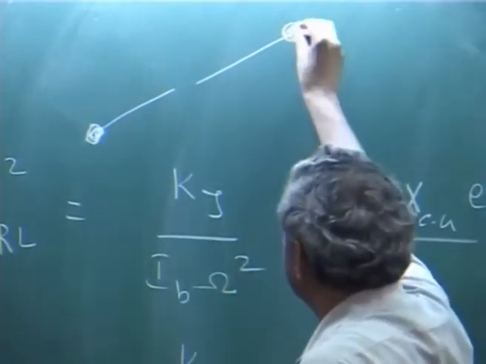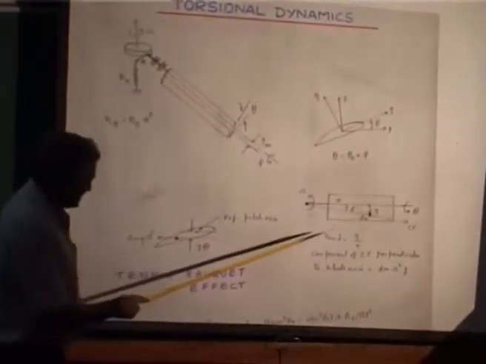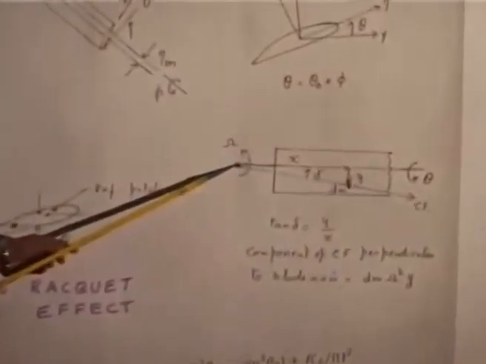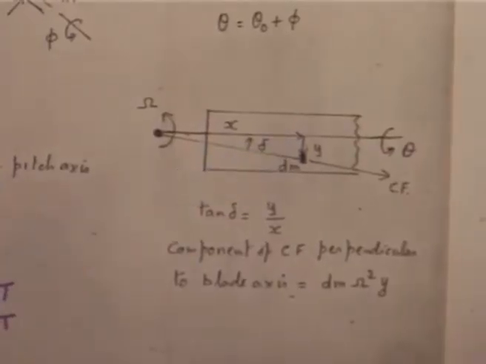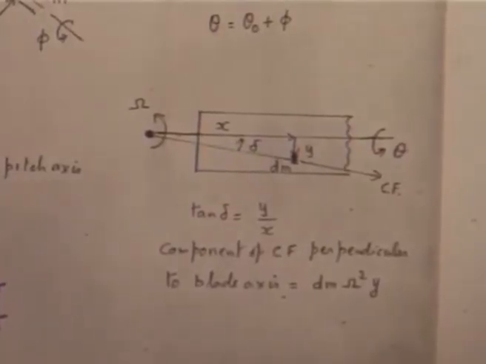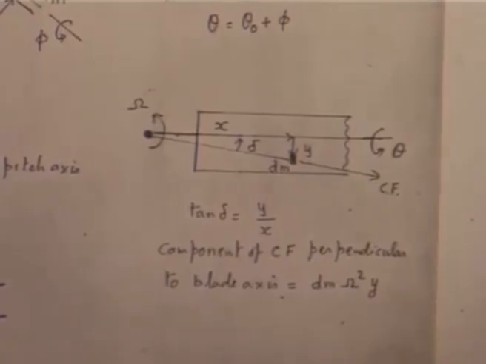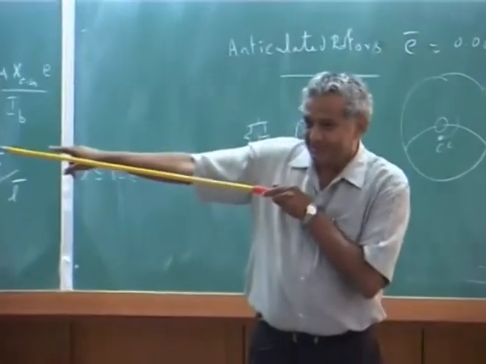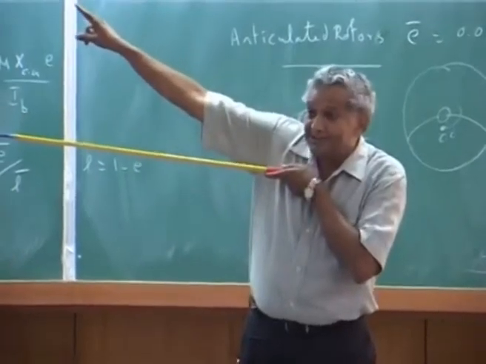This mass will get a centrifugal force in some particular peculiar direction. That direction is given here. See, this is the center. This mass is offset from the axis. So, it will get a force like this in the inclined direction, okay. And if it is up also, it will get a force in some other direction.